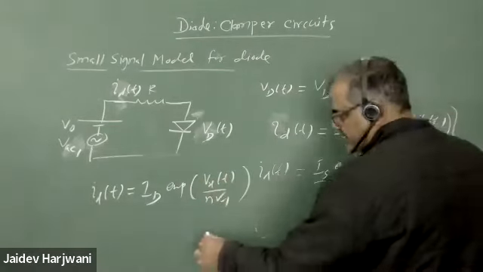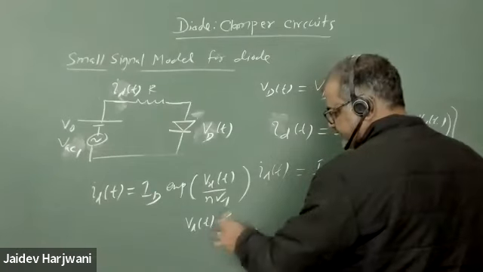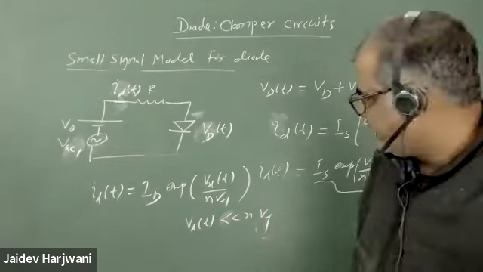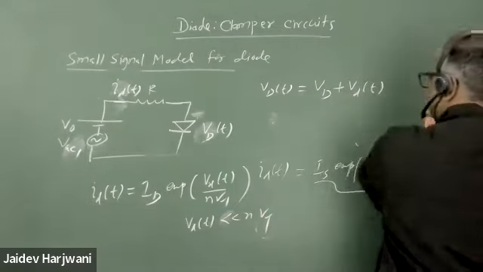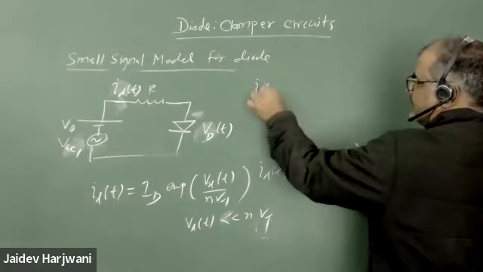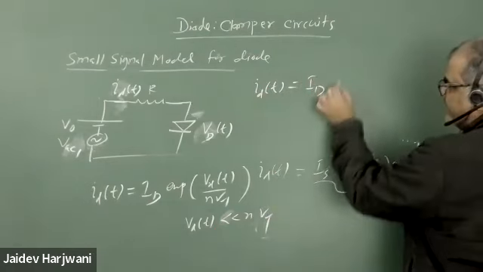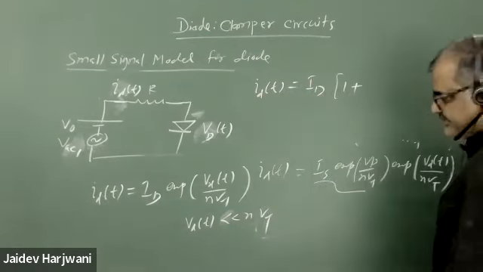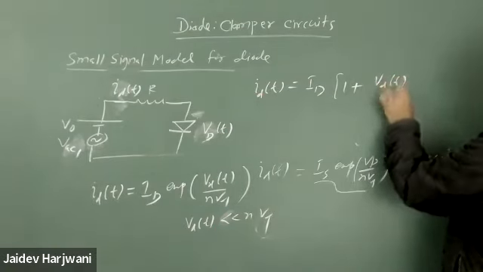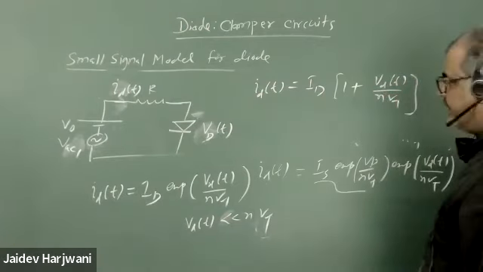I told you this is a small signal, so v_d(t) is smaller than eta V_T. So I can write this i_D(t), this is I_D, as 1 plus x, where x is v_d(t) upon eta V_T.